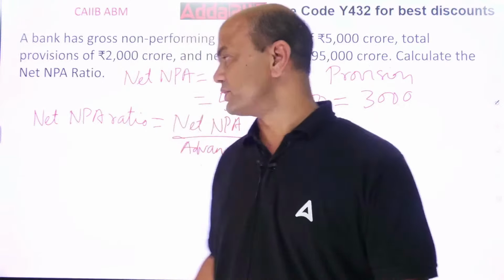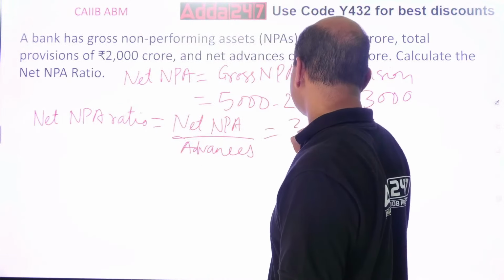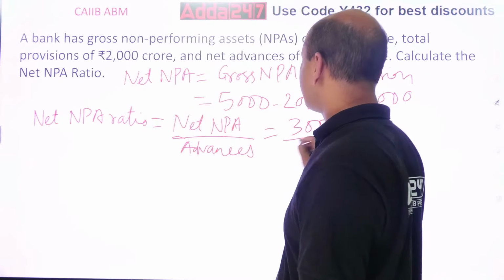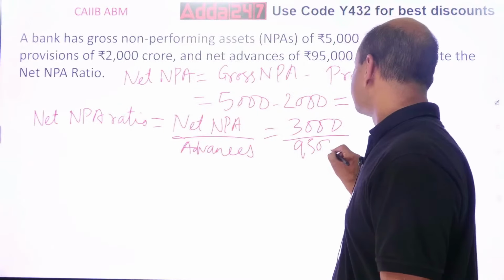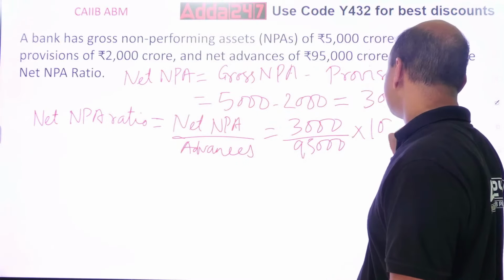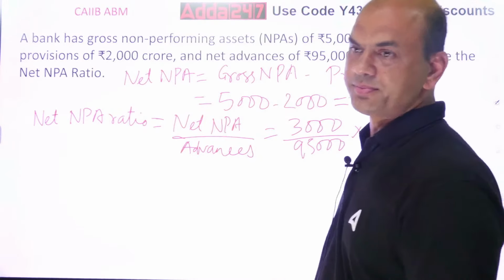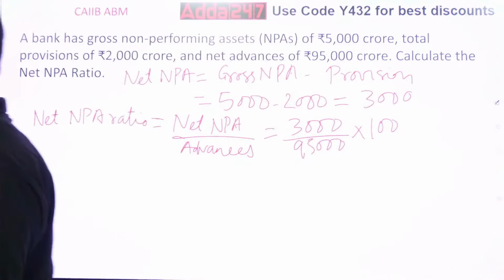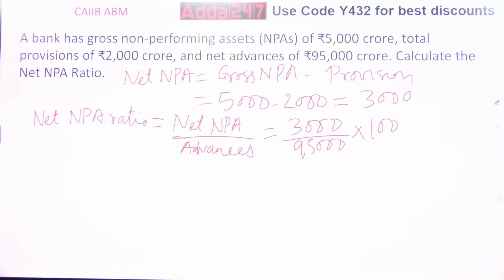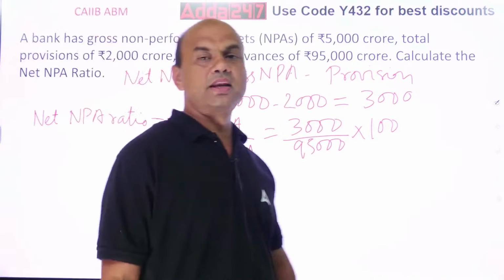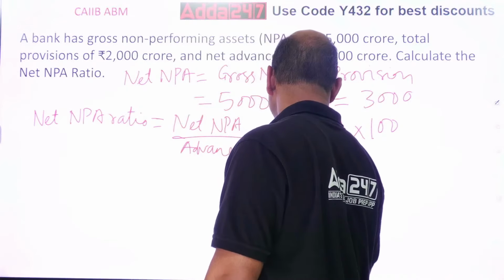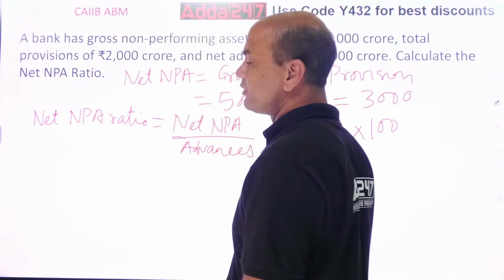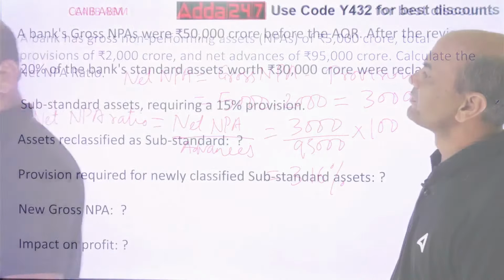So 3,000 is your net NPA divided by advances, which are 95,000 crores. Into 100 you have to multiply it, because you want it in percentage. Do it, everyone. So net NPA ratio is 3.16%. Very, very important and basic numerical.